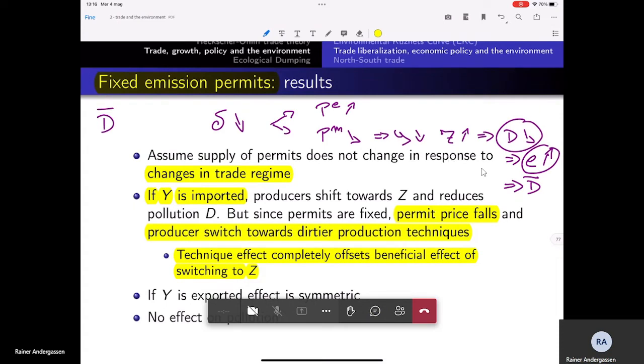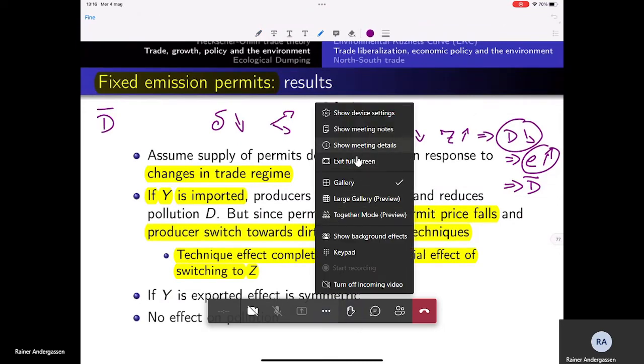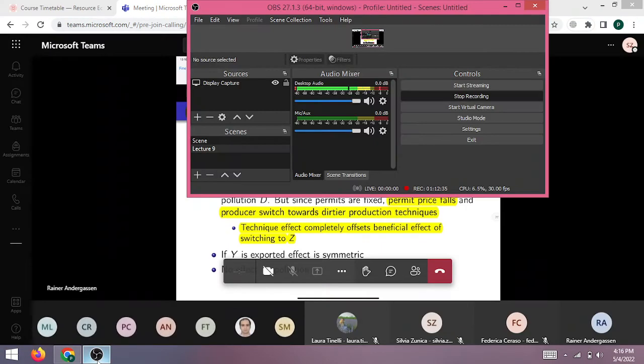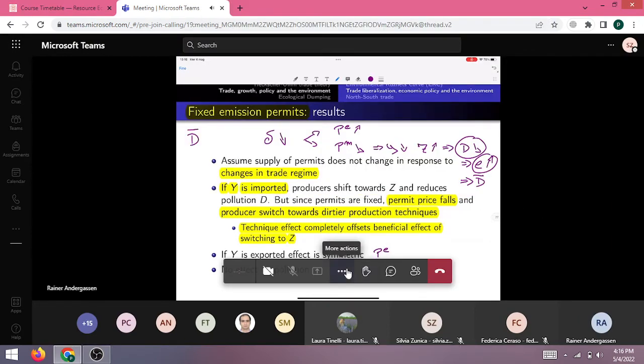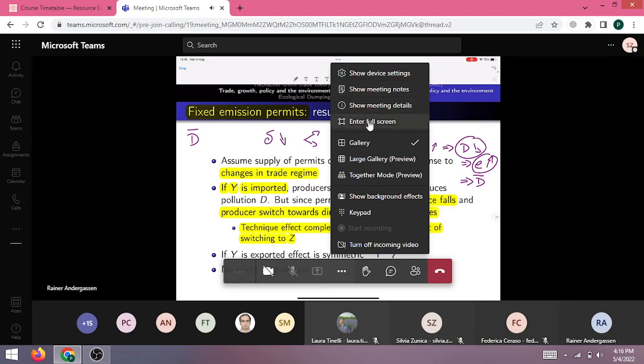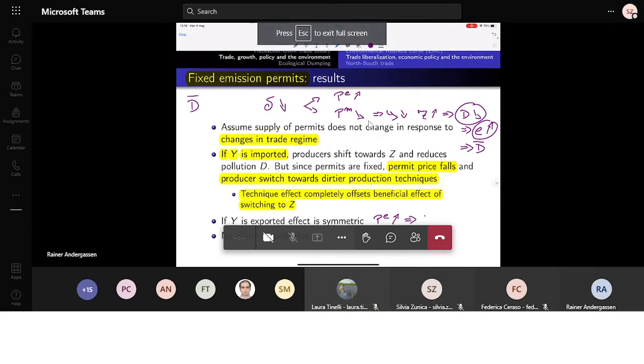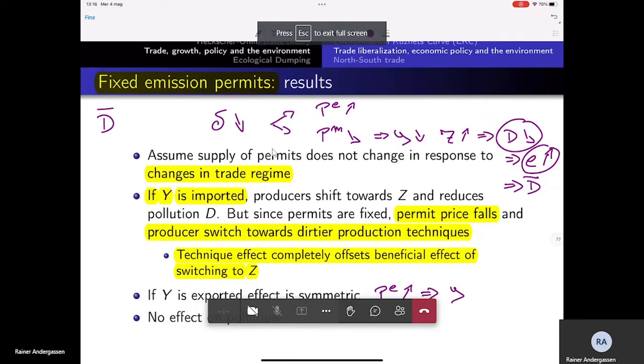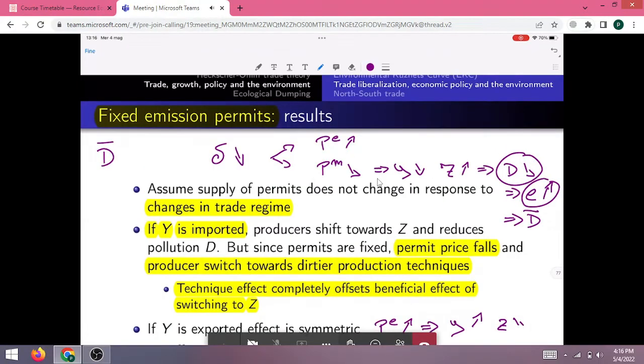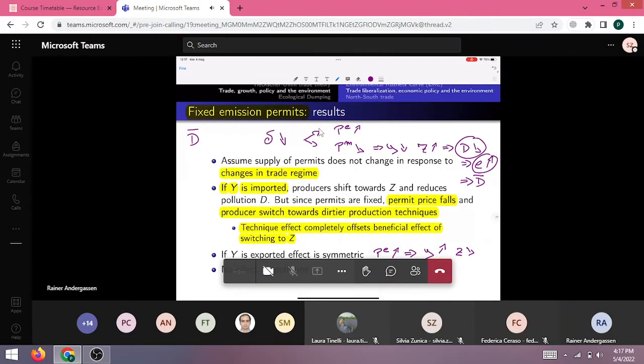Okay. For the exporter, it's just the same. Let me perhaps very briefly repeat it. So remember, for the exporter, what happens is the price of exports increases, and therefore the exporter increases production of the dirty good and decreases production of the clean good, and that's why pollution in this case goes up.